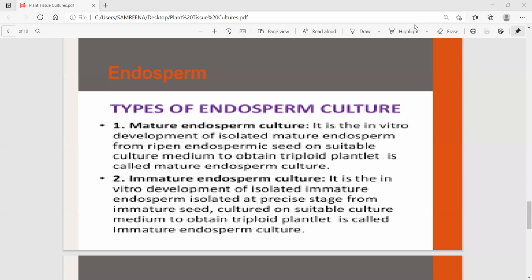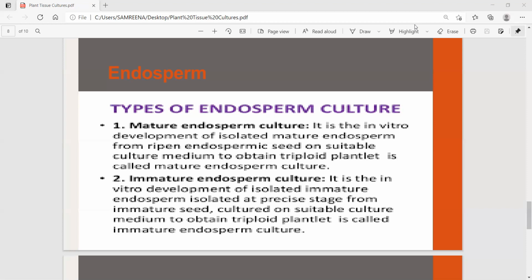This gibberellic acid goes into the nucleus where it initiates the transcription of the alpha amylase enzyme. Then translation occurs, the protein is formed, alpha amylases are formed. Then this alpha amylase breaks down the starch and makes it available to the growing embryo. This embryo will develop into plumule and radicle.